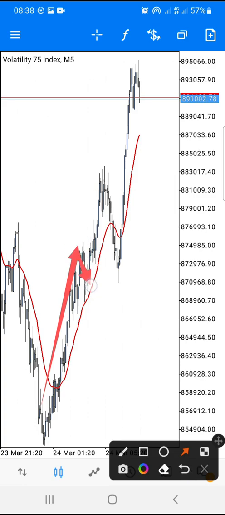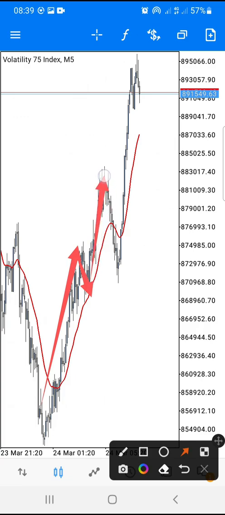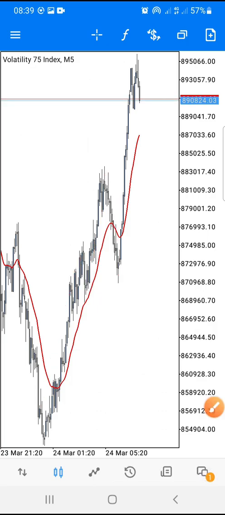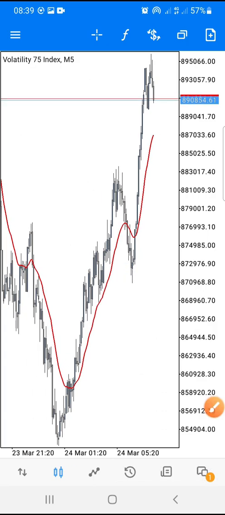When it pulls back, it makes a low, and when it passes this high and goes upward, it's creating a higher high. That's what we call a higher high. And when it pulls back again, it creates a higher low down here. So this is basically what is happening there.